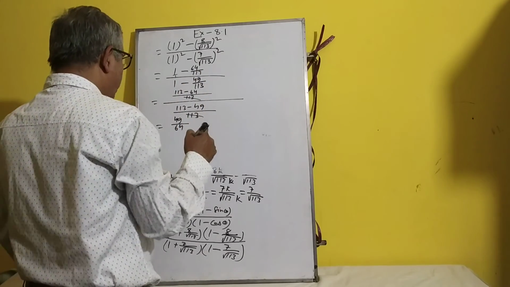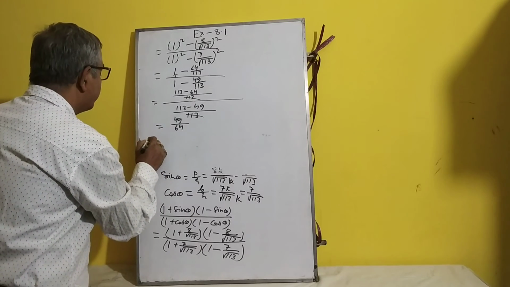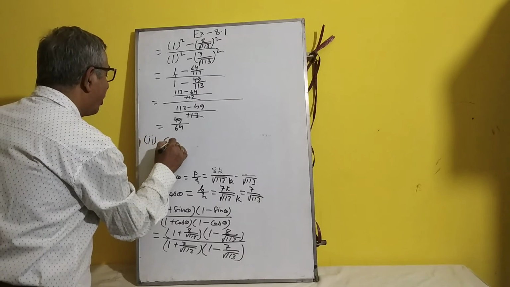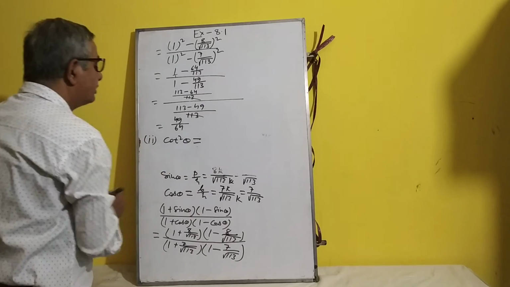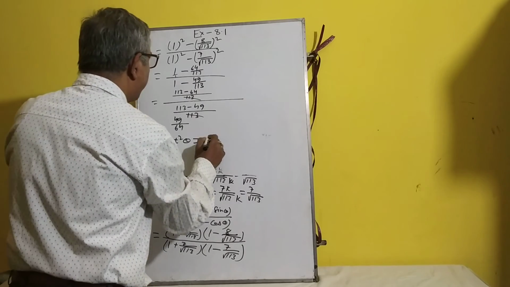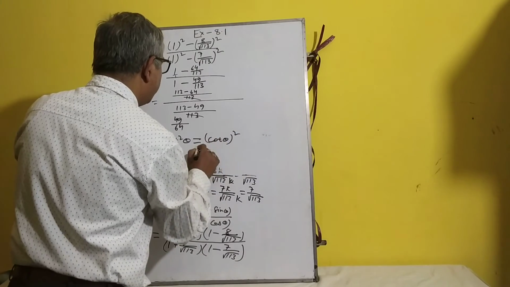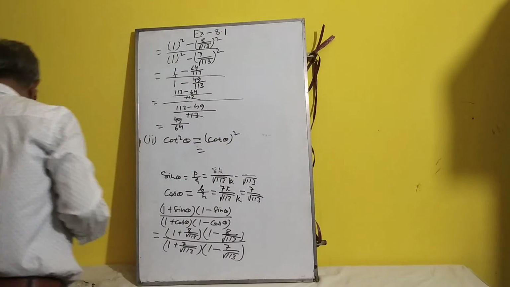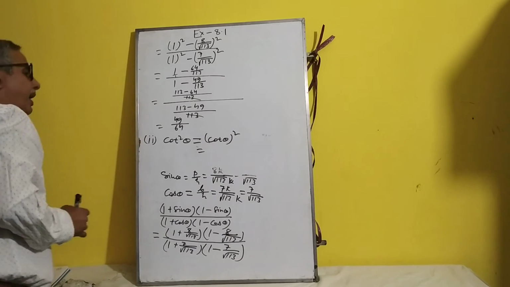Again you see one more question is there. That question is the second sub question. Cot square theta. Cot square theta is equal to cot theta whole square. What was the value of cot theta? Cot theta's value was already given, 7 by 8.